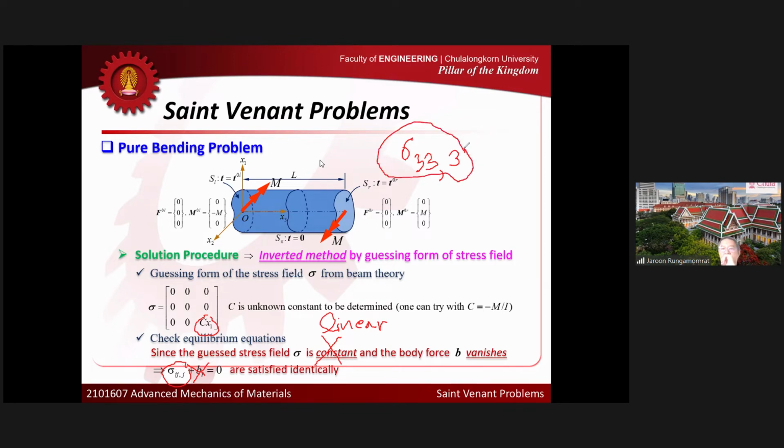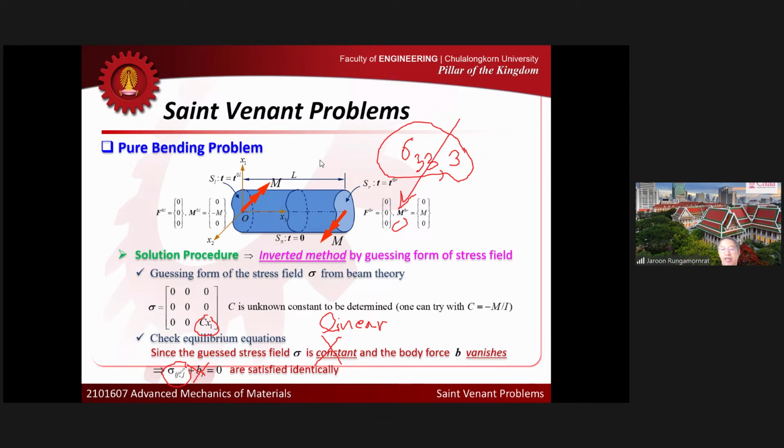That is the only term that involves sigma 3 in the equilibrium equation, and that one disappears for the gauge stress field here, because sigma 3 is not a function of x3, right? Even though this sigma 3 is not constant, okay? Sigma 3 here is a linear function, but it is a function of x1. So the sigma 3 term that appears in the equilibrium equation just disappears.